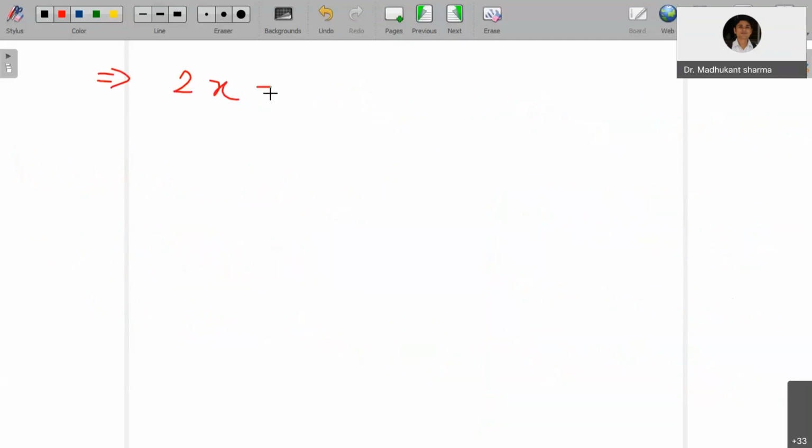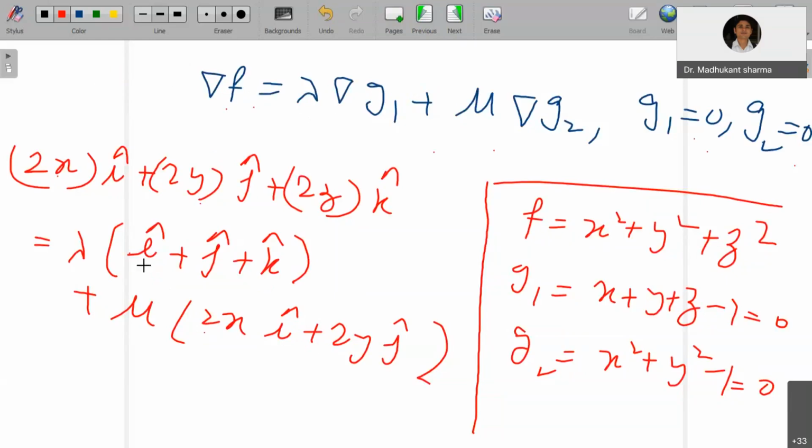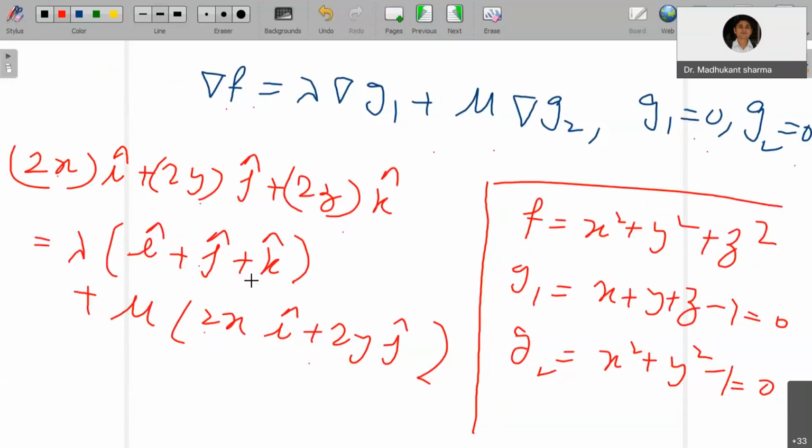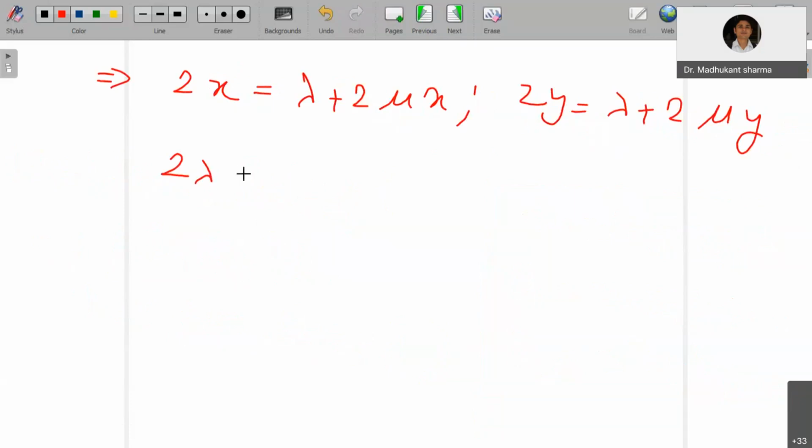So I'm comparing: 2x equals lambda plus 2 mu x, 2y equals lambda plus 2 mu y, and the third equation is 2z equals lambda. So these are the three equations.